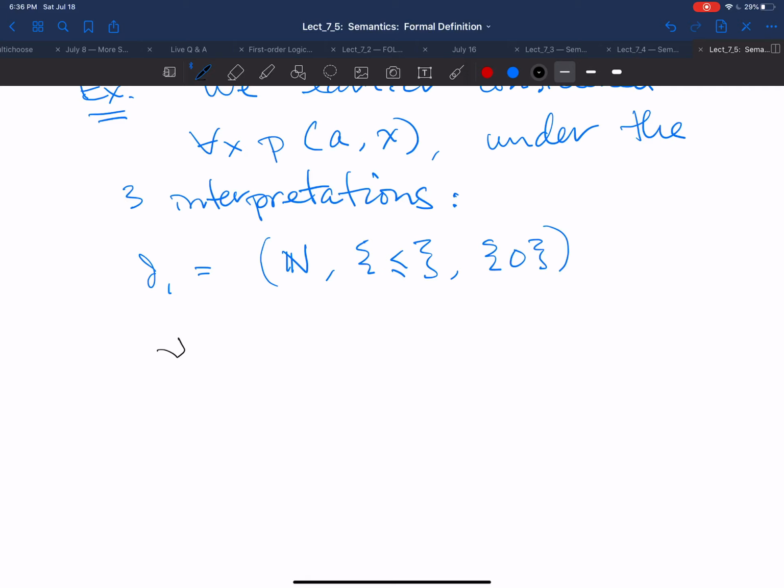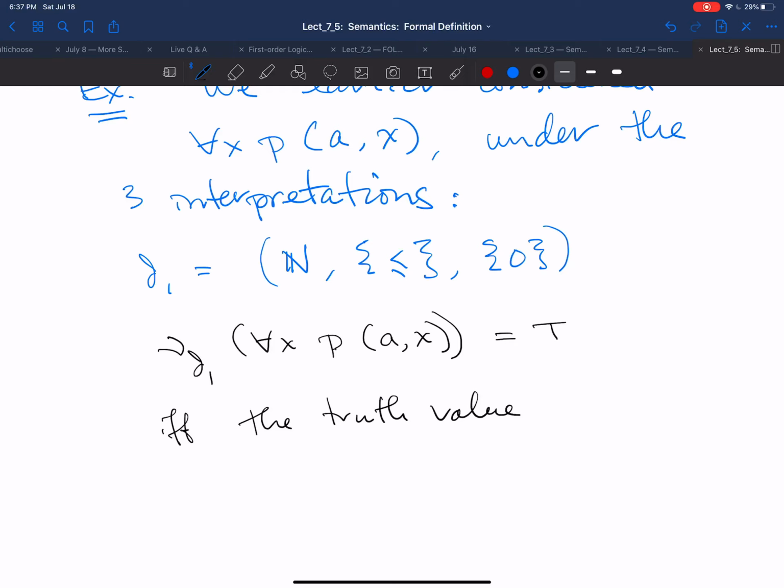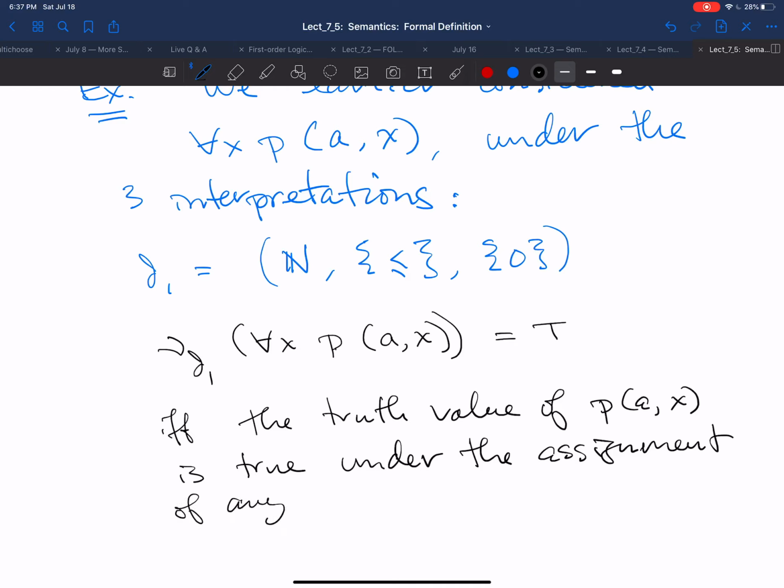So the truth value v sub I1 of, for all x, P(ax) should be true if and only if the truth value of P(ax) is true under the assignment of any domain element D to the variable symbol x.